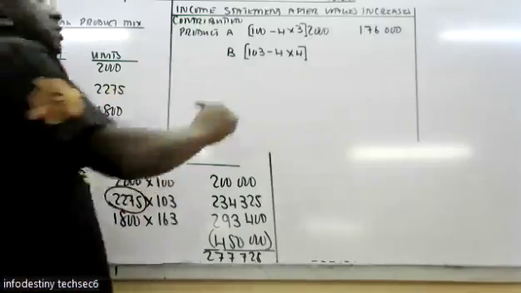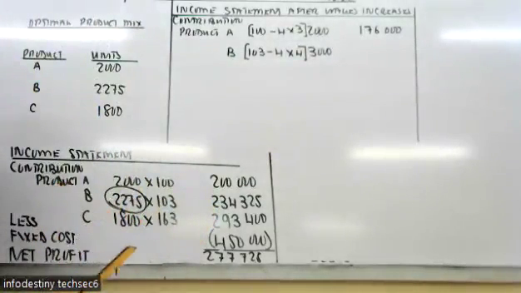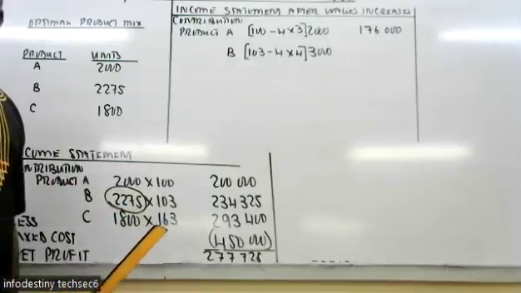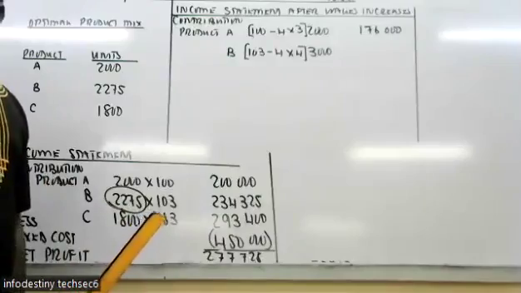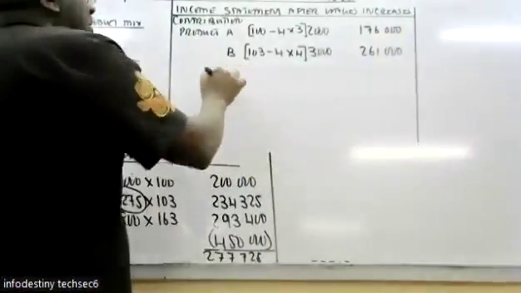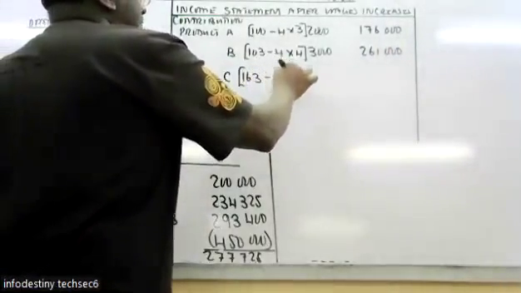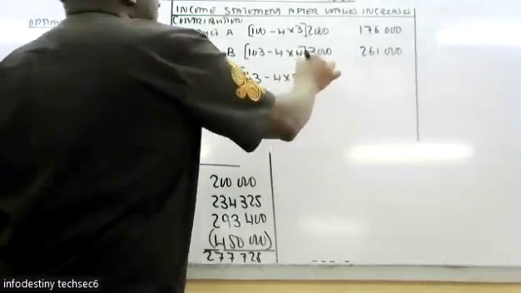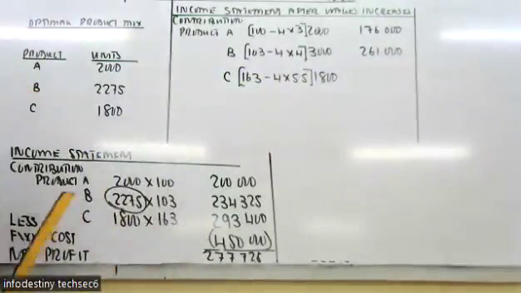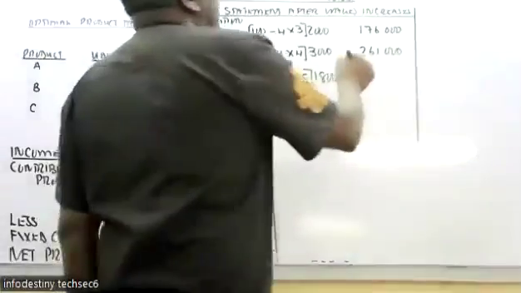But now we have time, so we will be able to do the 3,000 units. That gives 261,000. We argue the same way for C: this 163 must come down by 4 per hour for 5.5 hours, and we will be able to do the 1,800. That gives 253,800.